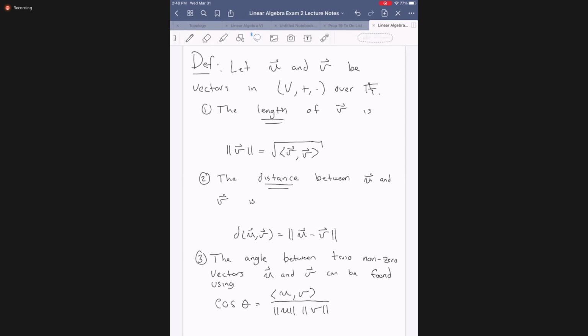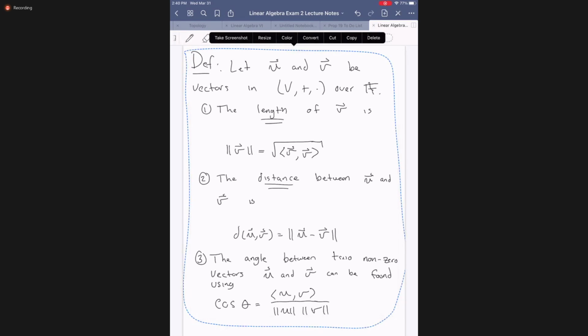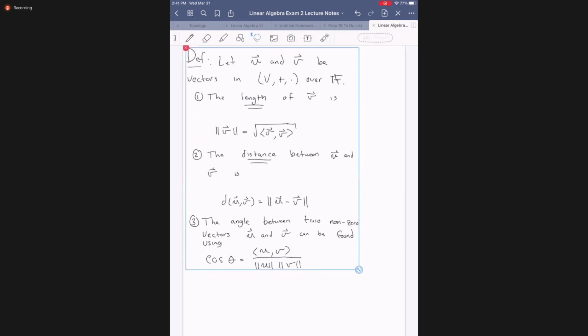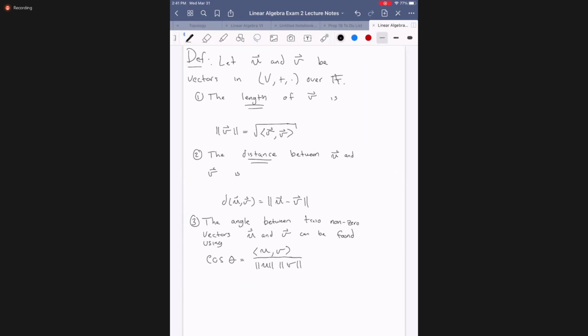And then, U is orthogonal to V if the inner product between U and V is 0.